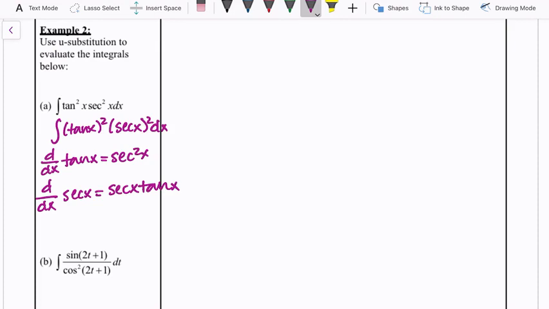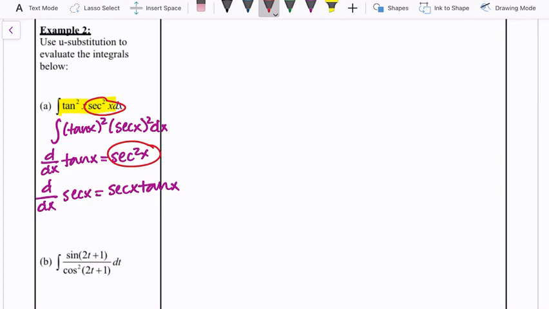So do we see either of these functions showing up in our original integrand up here? And you might think, yeah, okay, secant squared x showed up right here. So that could mean that tangent was our original u.